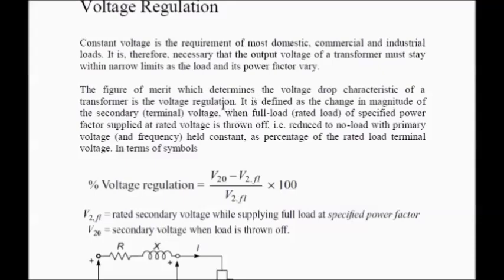What we need from a transformer is that the output voltage must not vary, or it should be within a narrow limit when we change the load and its power factor. This change in output voltage with changing load can be characterized by voltage regulation.